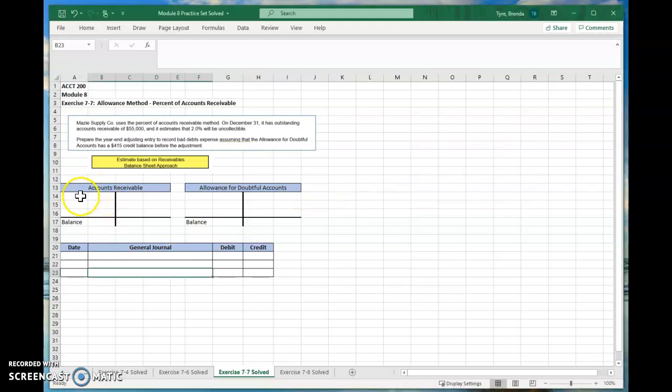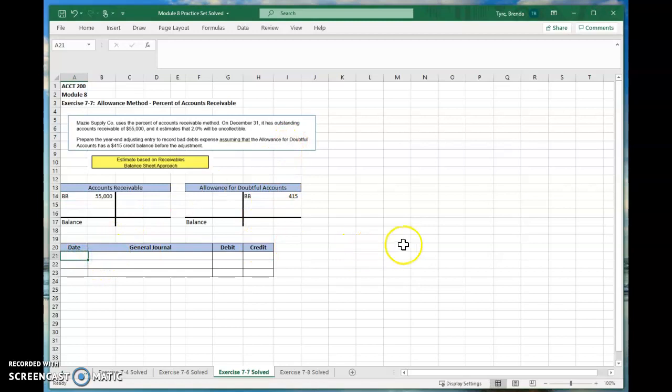So we're just going to come in here and say that our balance is $55,000. And do we have a balance in our allowance account? Prepare the year, assuming the allowance account has a $415 balance before adjustment. So I'm just going to label both of those beginning balance or before adjustment, however you want to call those.